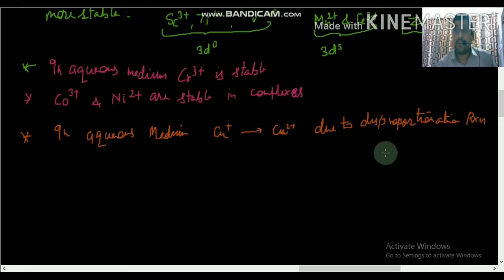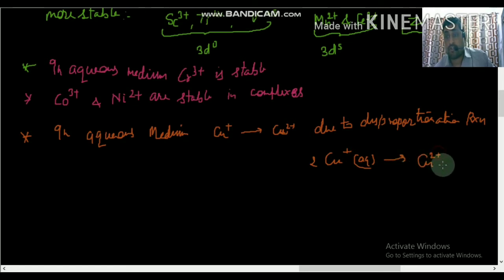Now what happens in the disproportionation reaction? 2 Cu+ (aq) are converted into Cu2+ (aq) and Cu.